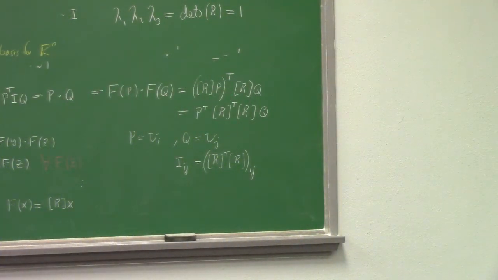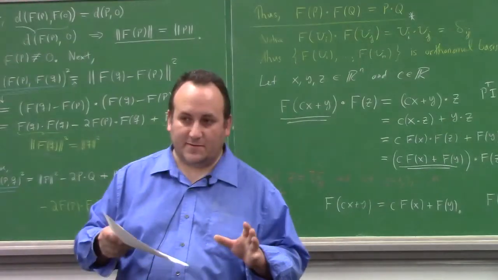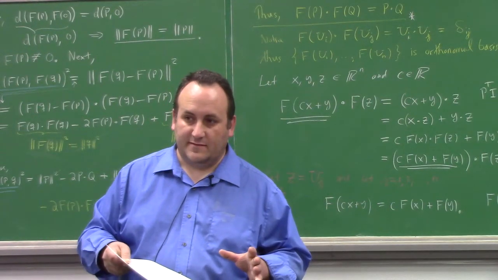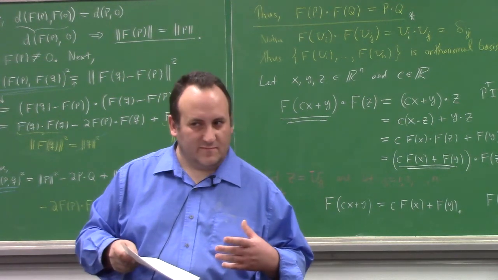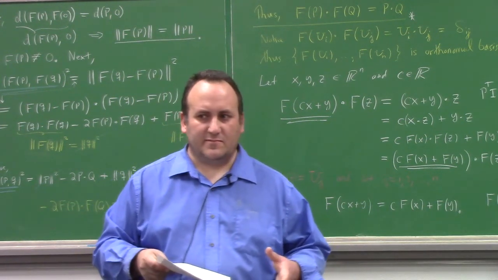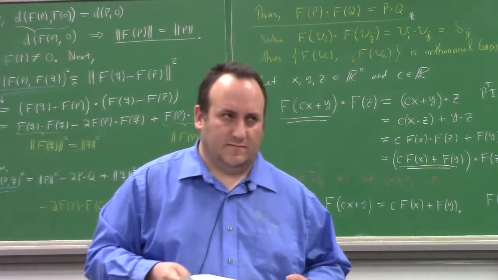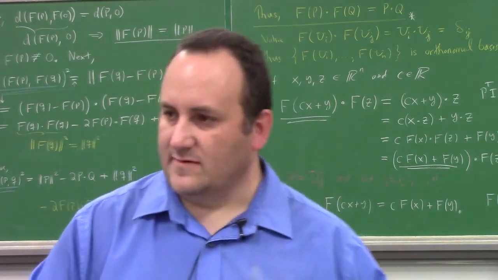Now, I must admit, I was frightened by this theorem when I first saw it, because it took me a while to understand what was being said, which is that preservation of distance and fixing the origin implies linearity. That's really very interesting, because we're going from something geometric to something algebraic.